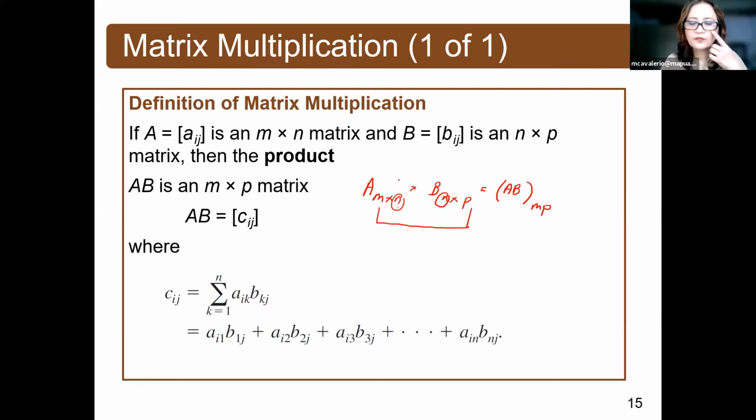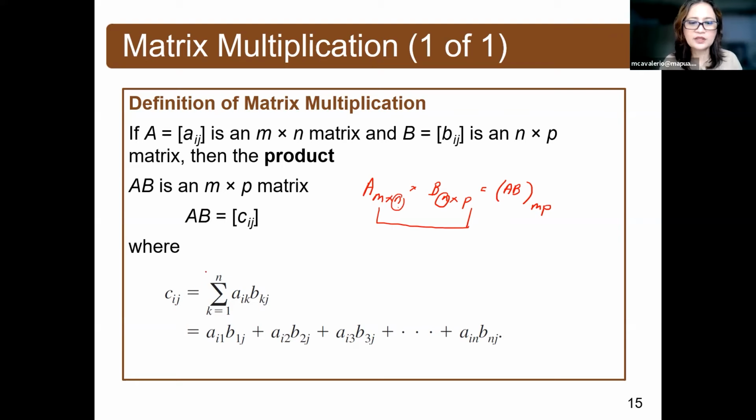So again, for us to be able to determine whether the matrix product is defined, the number of columns of the first matrix should be equal to the number of rows of the second matrix. Hence, we will have the size of the product to be an m by p, which consists of elements C sub ij.